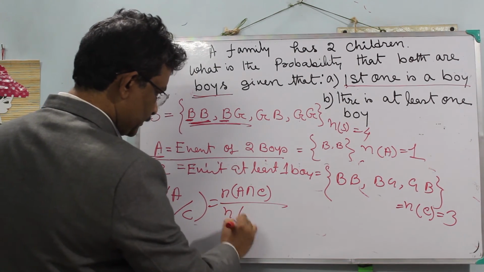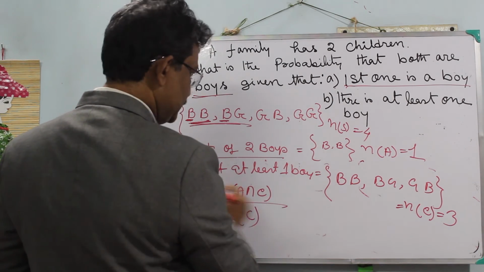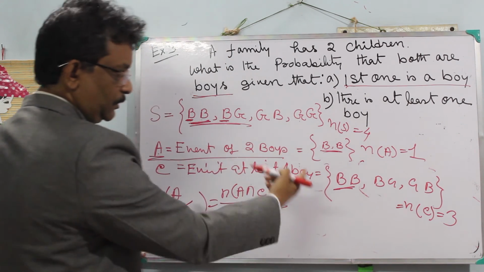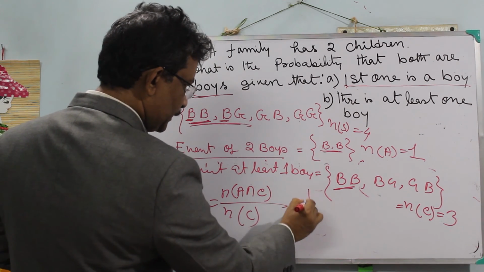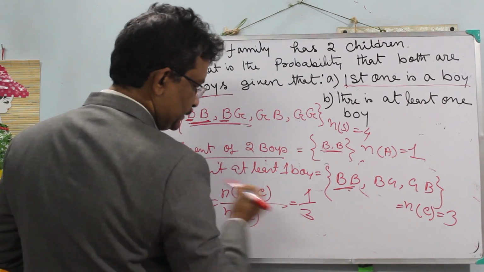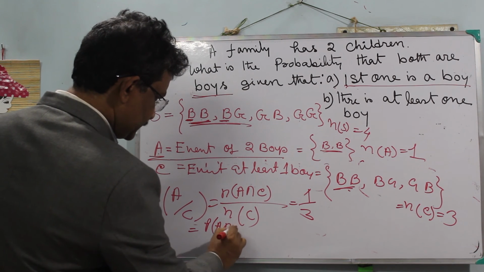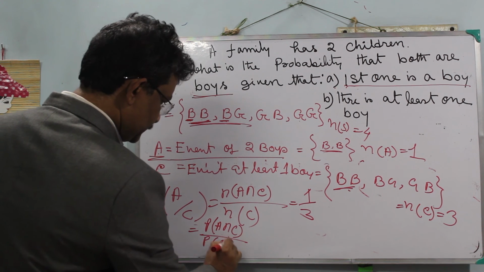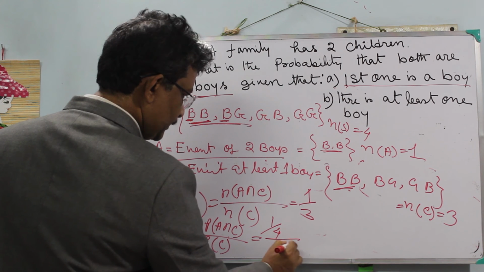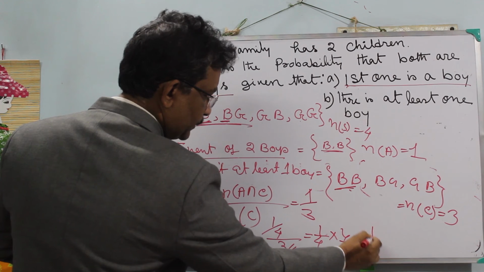In A intersection C you see BB, one common, so the number of elements is 1, and the number of elements of C is 1, 2, 3. So 1/3 is the answer. Or if you take probability of A intersection C divided by probability of C, you get 1 by 4 divided by 3 by 4, that means 1 by 4 into 4 by 3, equal to 1/3.